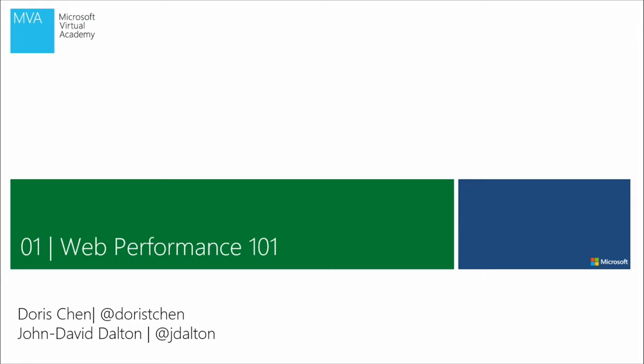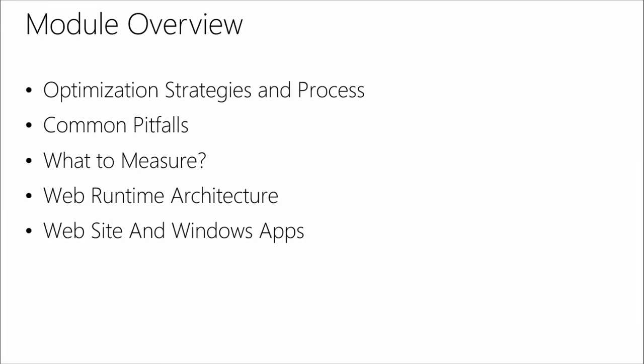All right, so first things first, let's give you some ideas about what web performance is so that everybody could be on the same page. So we're going to talk about what the optimization strategy and process would be. We're going to share with you how to avoid some of the common pitfalls.